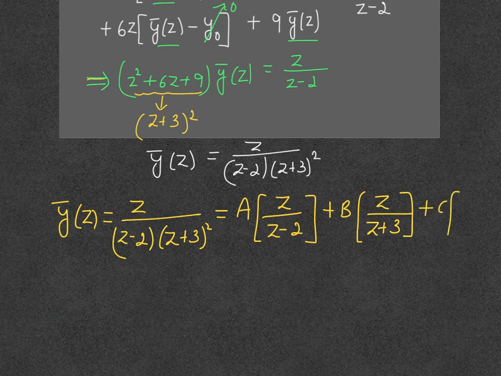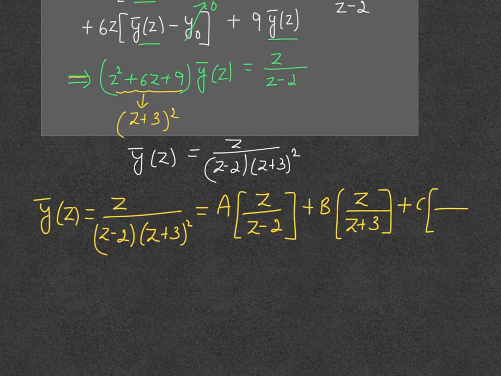Next c: the next term we take is z plus 3 whole square. When you have z minus k whole square in the denominator, the corresponding term in the numerator should be kz. So where k is, what is k? If you observe z minus k, k is minus 3. So the term in the numerator is minus 3z.